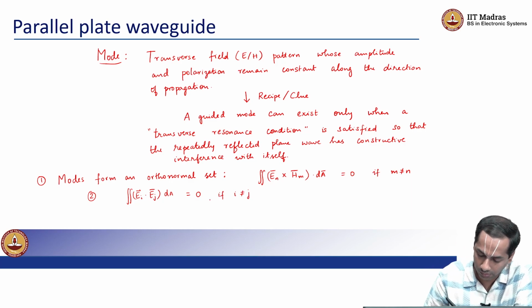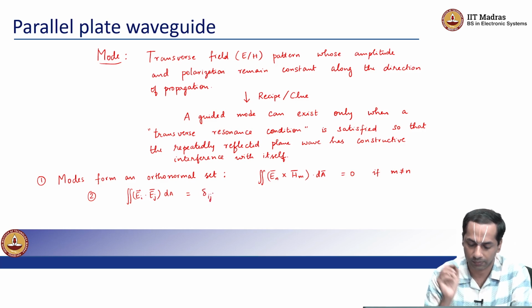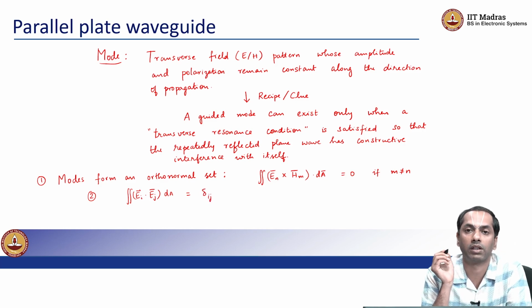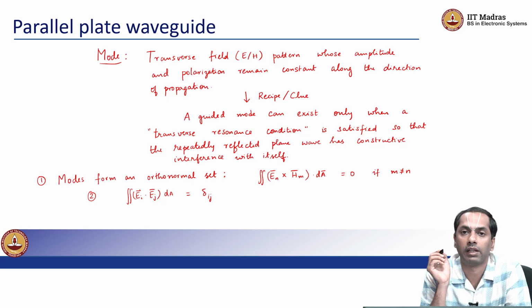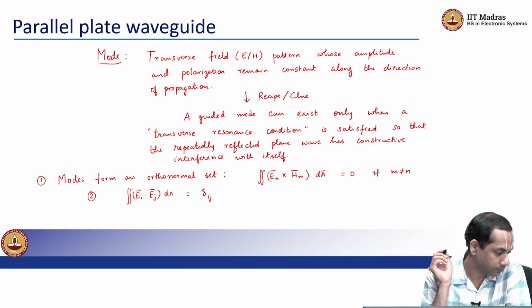So there's another way to write this. If the electric fields are normalized, we can actually say that this is delta ij. The Kronecker delta function takes the value of 1 when i equals j and 0 when i is not equal to j.